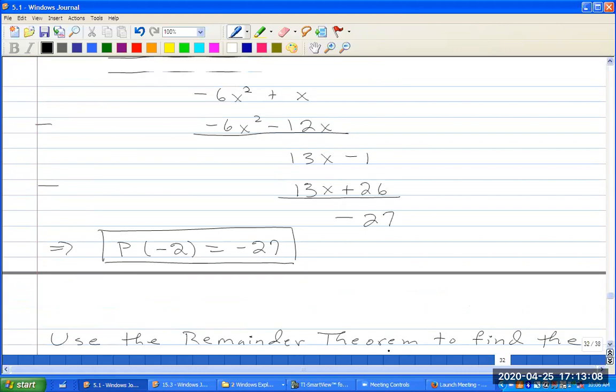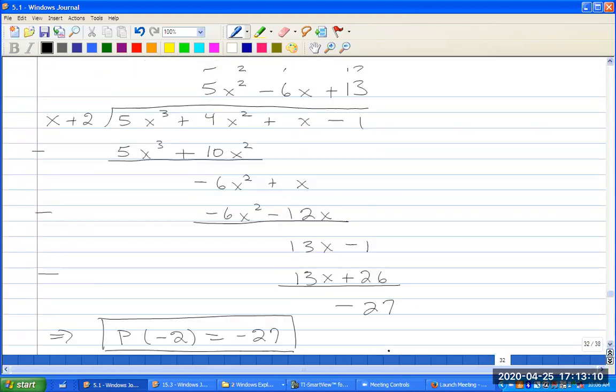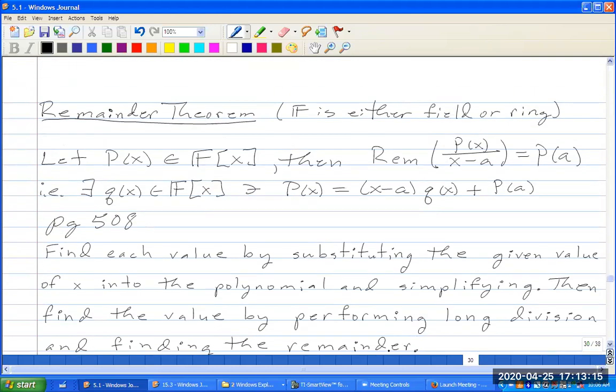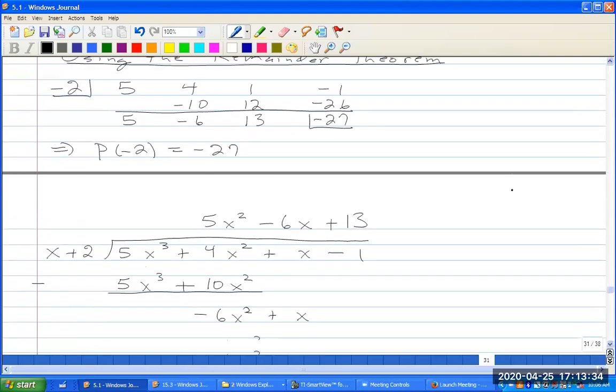So the only way that this can be a root, if this is 0, well, if this is 0, then this is a root, because x minus A is a factor. If x minus A is a factor, that means this is 0, and so that means that A is a root.